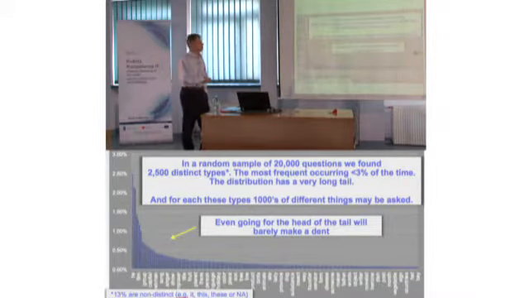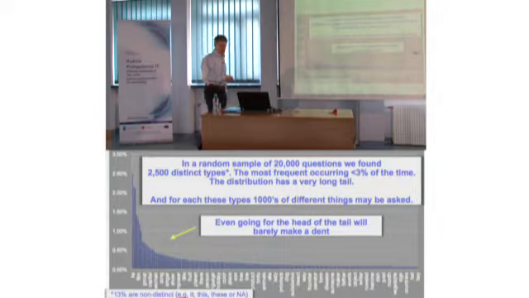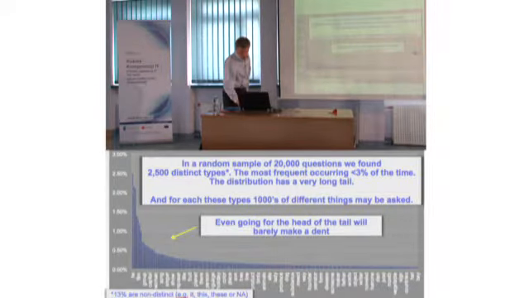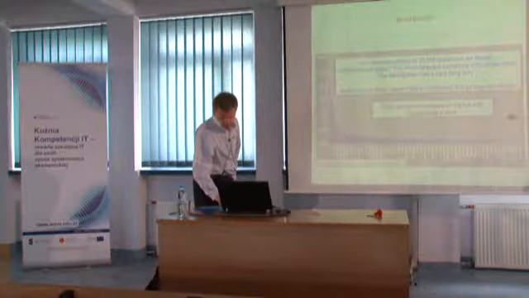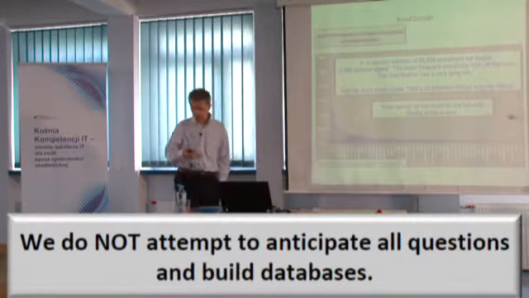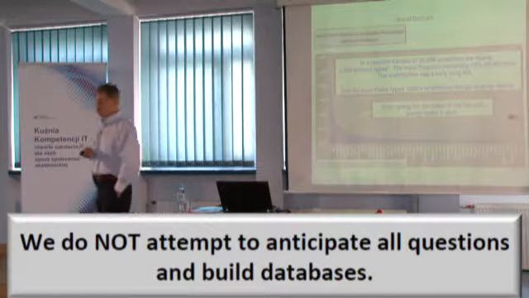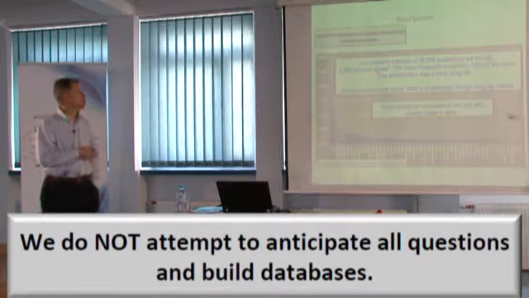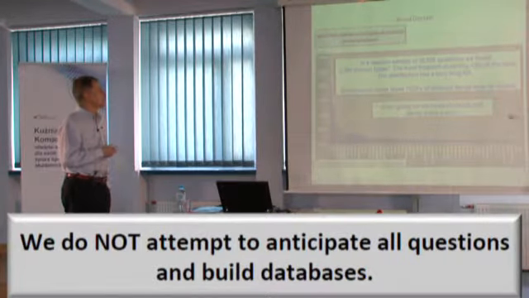For others, it just doesn't make sense. So that's why we have this strategy of finding possible candidate answers from the search, finding many of them, and then having many different algorithms that decide how good these candidates are.